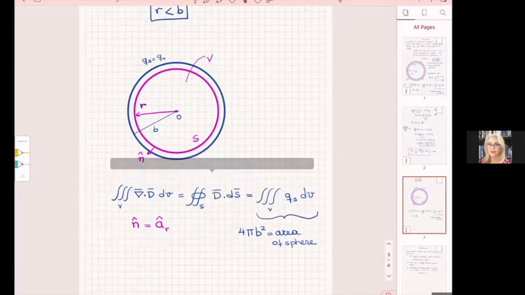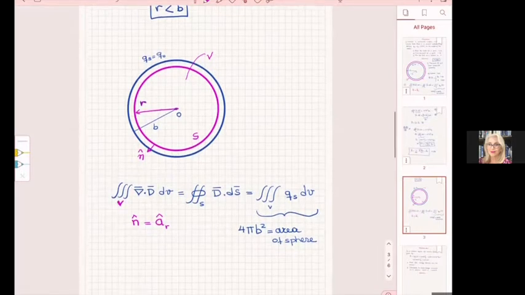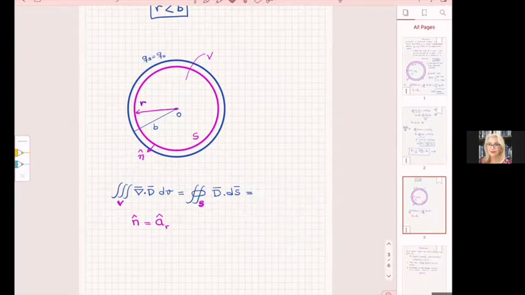The only thing is if I am in the new V surface, volume, and S surface, then there is no Q that is enclosed by this surface, which means that this is going to be 0. So what is interesting in all of this?